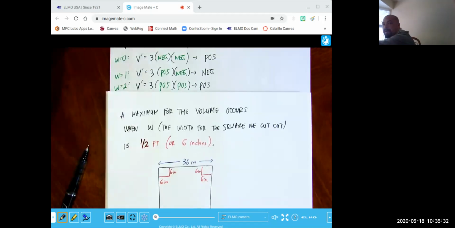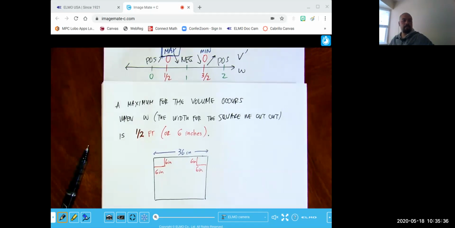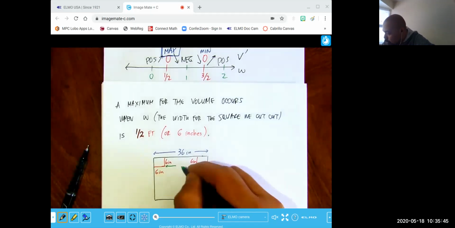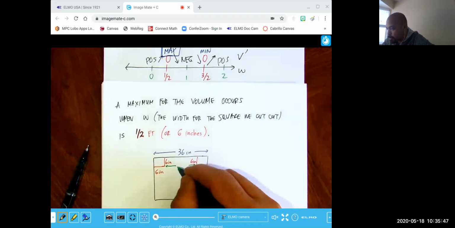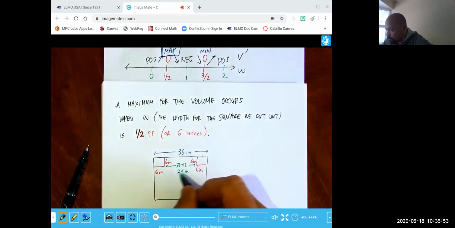Same thing for the other dimension. If we need to see this, we can. What's remaining here? 36 minus 12, or 24 inches for that width.